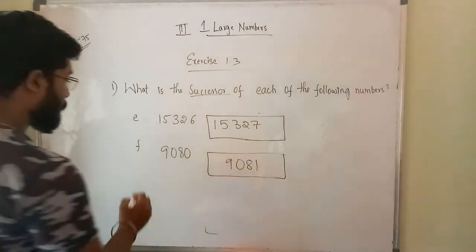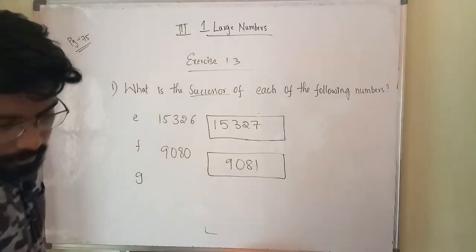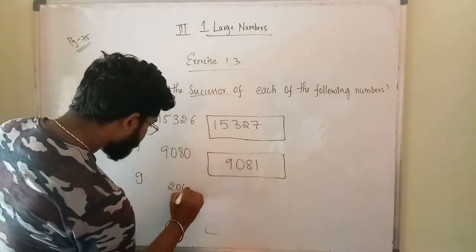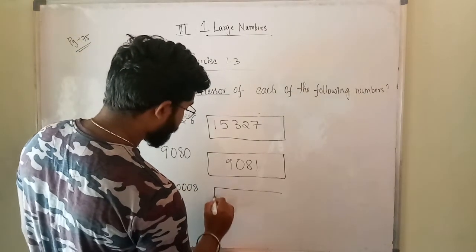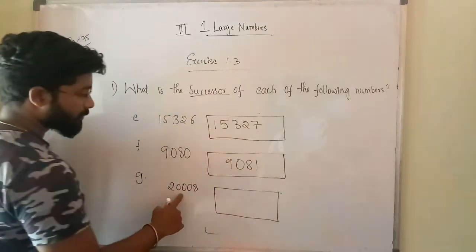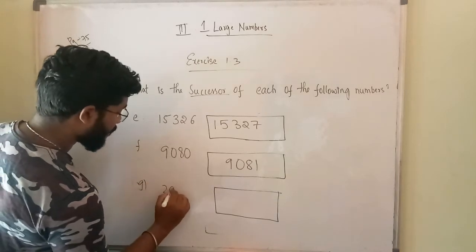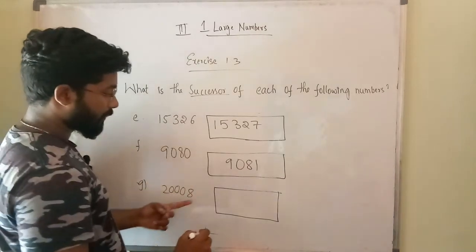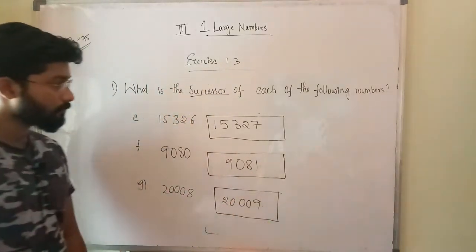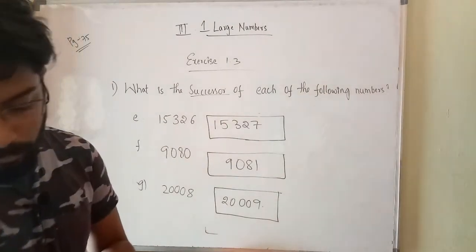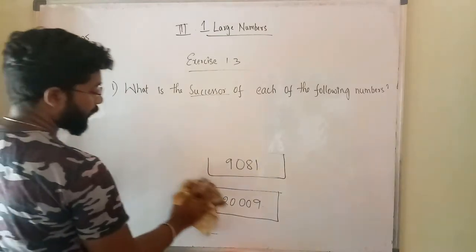Next, G. G is what? 20,008. For this, just a minute. 20,008. For this, the successor is 20,009. Clear? So we have completed up to G. I am writing a bit large because it should be visible to you.